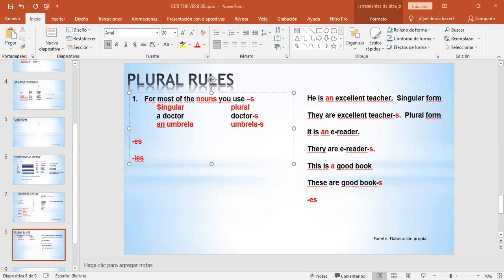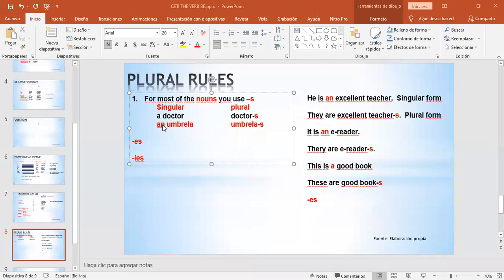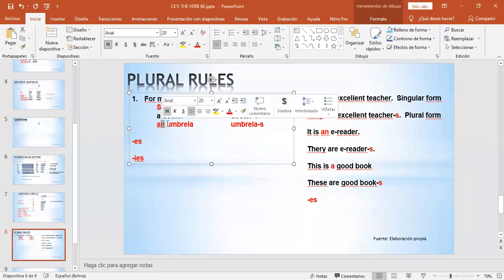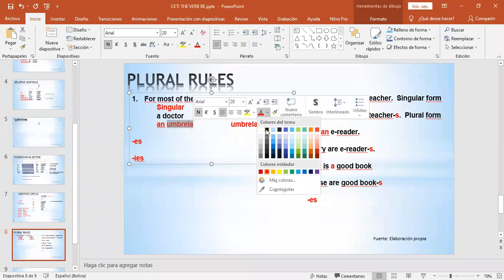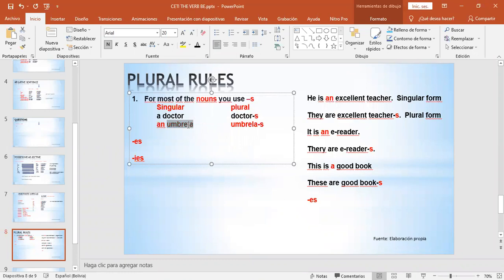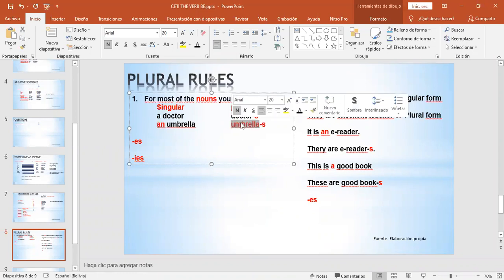An umbrella, umbrellas. Why an? Because it is a vowel sound. An umbrella. Here, umbrellas, plural. Yeah, and so in that way we can continue naming, okay?